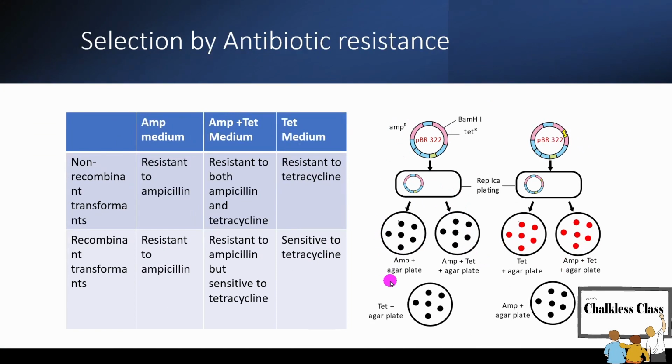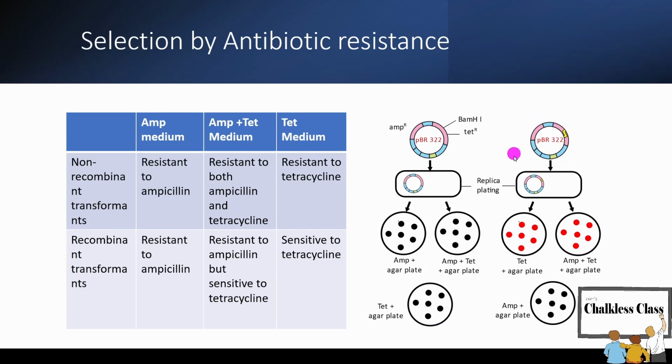So when these colonies survive in the ampicillin, ampicillin-tetracycline and tetracycline media, we can say that those host cells didn't receive the recombinant DNA or the gene of interest. So look here, non-recombinant transformants resist ampicillin, they resist both ampicillin and tetracycline antibiotics, and they can also survive in a tetracycline medium.